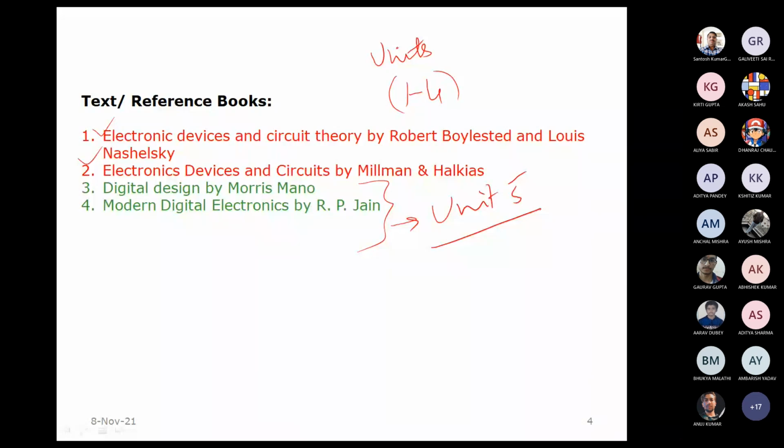So far we saw the overview of the course. It depends on us from where we should start, because we have an electronics background.